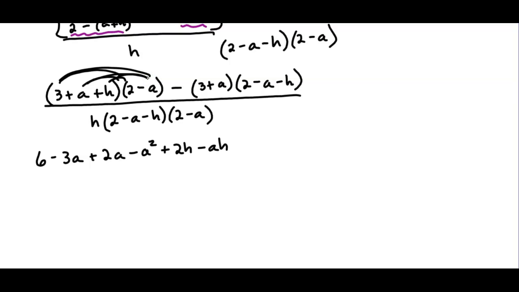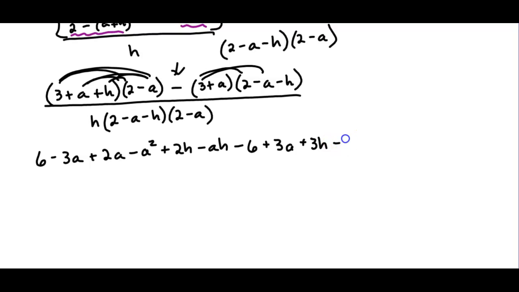Now, I do have a minus sign here, so I'm just going to change all the signs as I go along. So I've got the 3 times 2, so it's going to be minus 6. Then I'm going to have plus 3a, because I've got a minus 3a, but then I'm subtracting, so it's a plus 3a. And then I've got a minus 3h, but it's going to be plus 3h. And then I'll do the a.